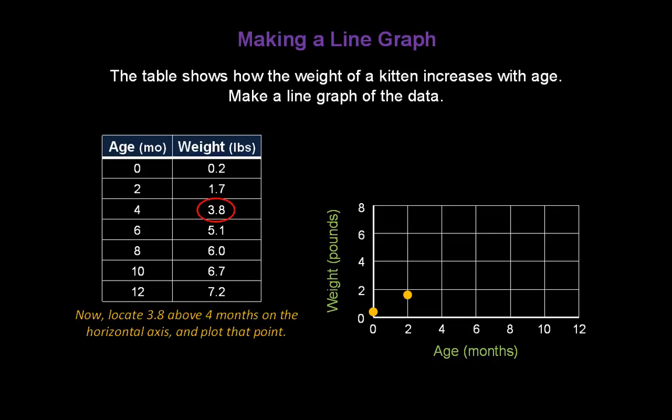Locate 3.8 above 4 months on the horizontal axis, and plot that point. Locate 5.1 above 6 months on the horizontal axis, and plot that point. Locate 6 above 8 months on the horizontal axis and plot that point.